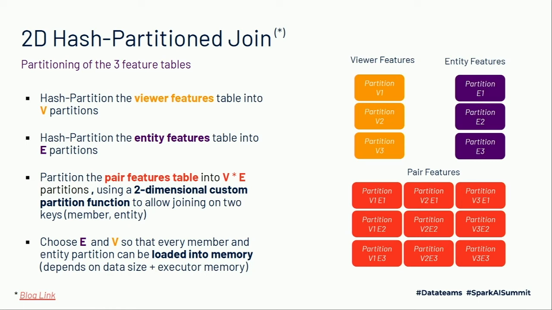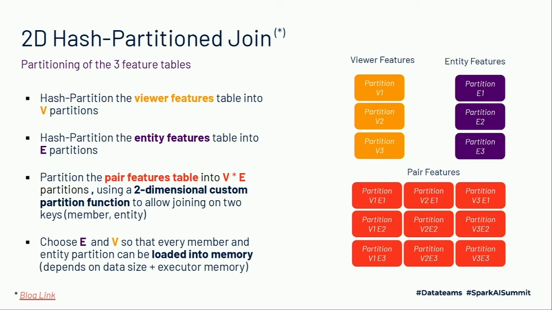If we look at the picture on the right, imagine that we have repartitioned the pair features table, and for each single pair partition, we are able to figure out which is the corresponding viewer partition that we need to load into memory, and similarly the right entity partition that we need to load. This way, we just need to load those 2 partitions and perform a local join for all the records in the pair partition. So this is the idea behind the 2D hash partition join.